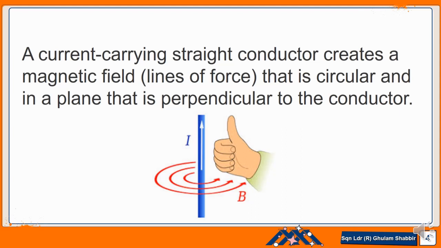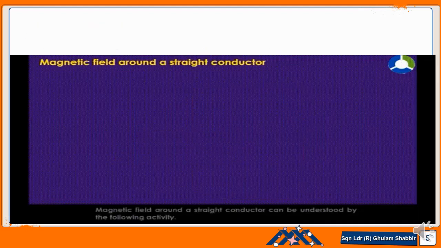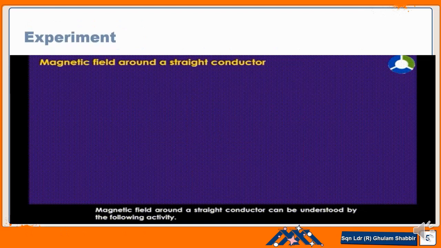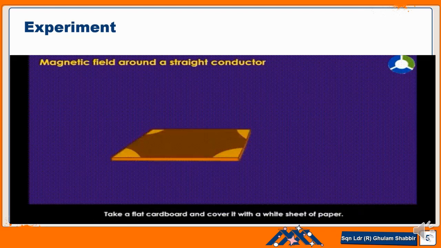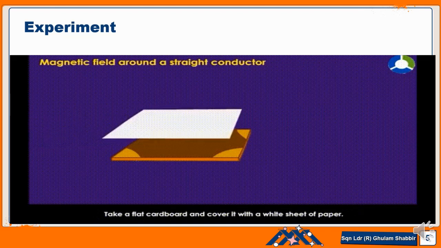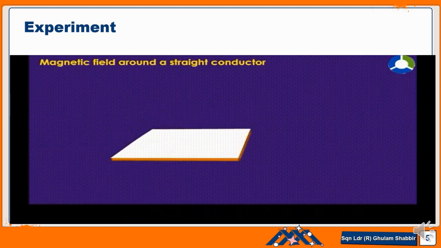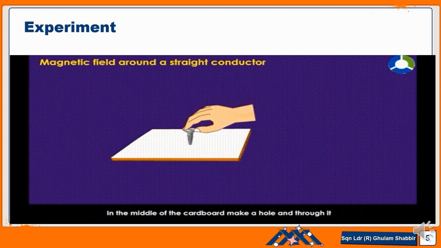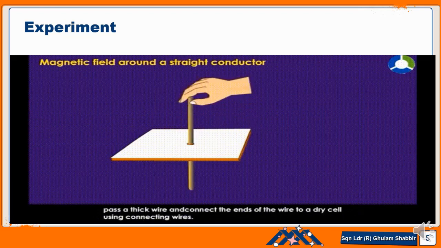For this reason, we will do an experiment to see that a magnetic field is produced. We take a cardboard and we place a white paper on the cardboard, and then in the center we make a hole so that we can pass a conducting wire.